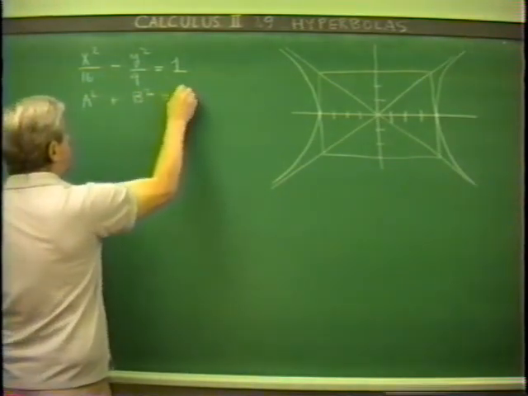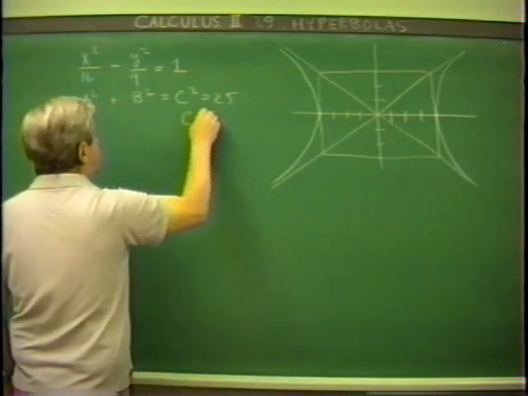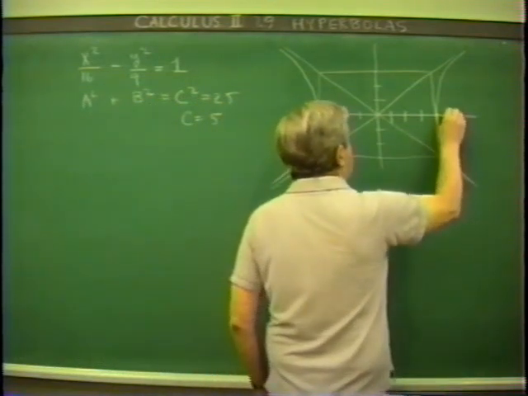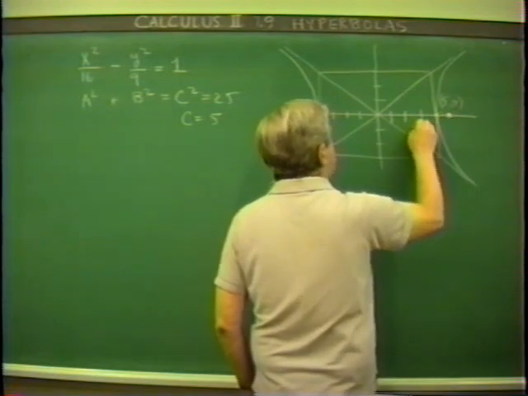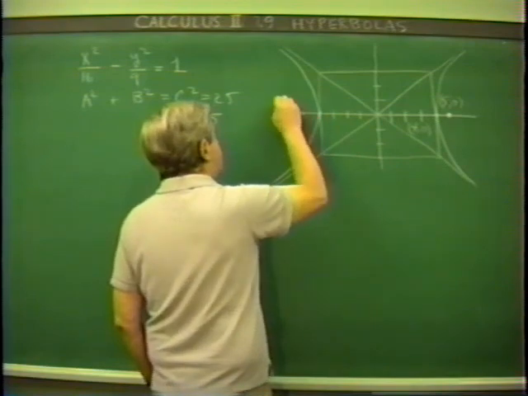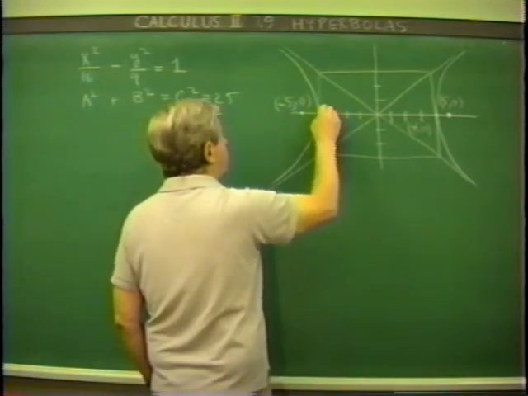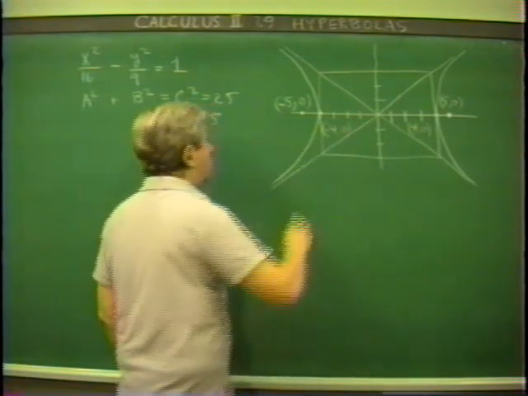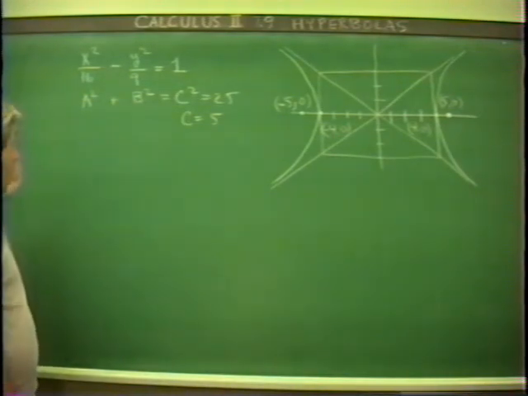This is a squared, and this is b squared. And a squared plus b squared is equal to c squared, so that c squared is 25, and c is equal to 5. So the focus for this is at 5, 0. This point a is 4, 0, and by symmetry here, there's another focus at minus 5, 0. And this point here, of course, is minus 4, 0.